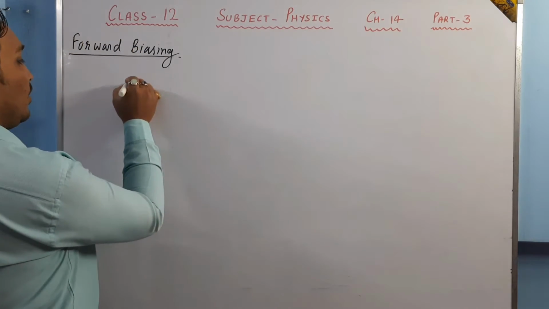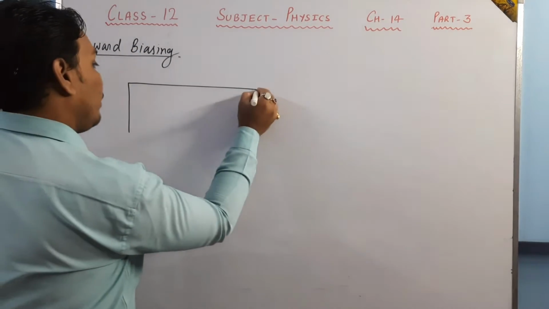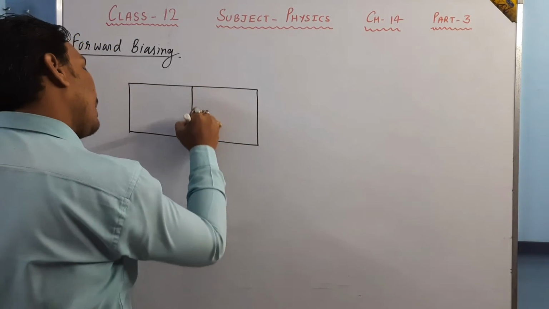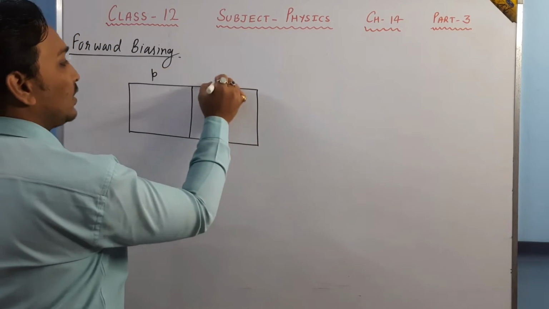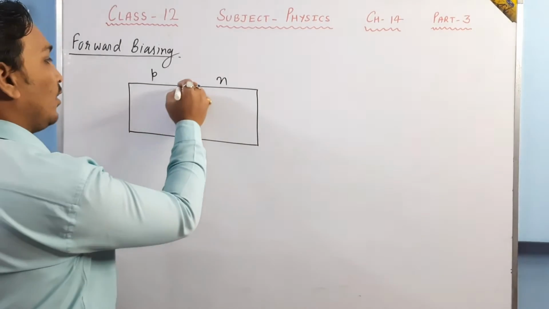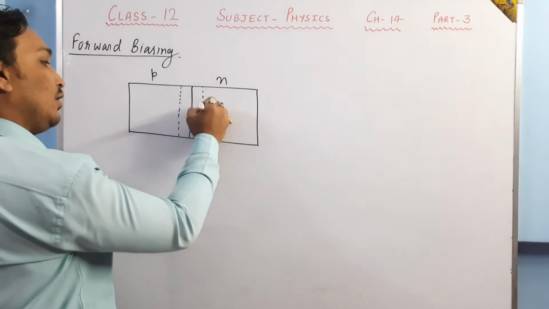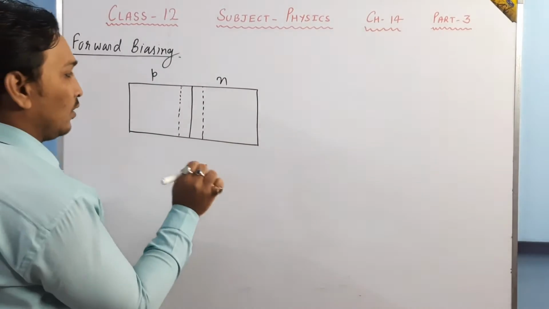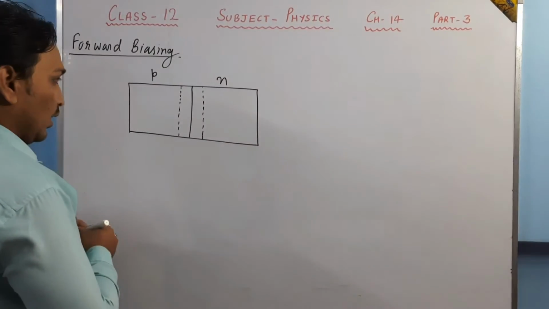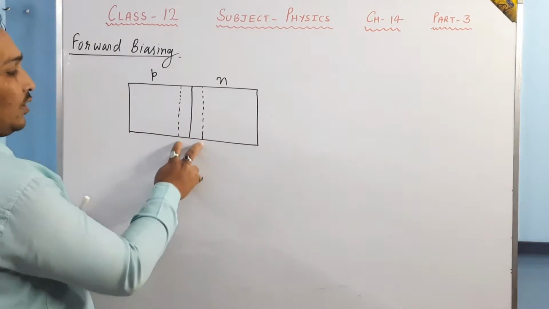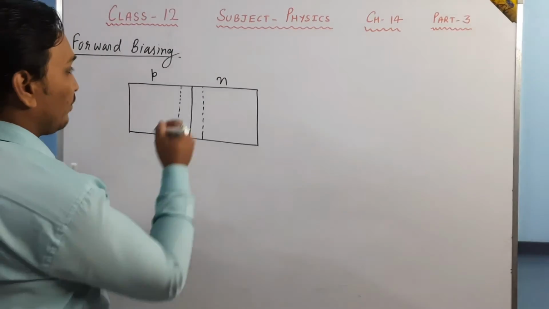So let us try to understand. If this is a PN junction, this is P, this is N. Now this is depletion region when there is no cell. This is P side, this is N side. We all know that in depletion region there is a barrier potential.